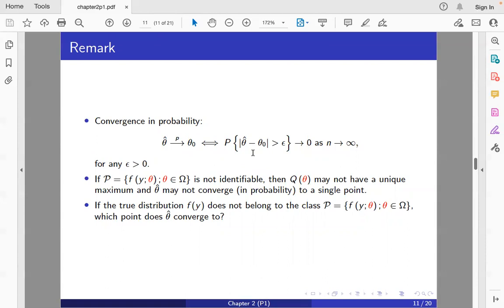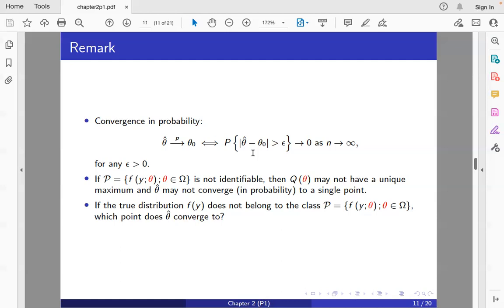If the model is not identifiable, that means two different parameters can determine the same distribution, and the estimate may not converge to a single point. Sometimes we get confused and apply the non-identifiable model and compute the MLE.